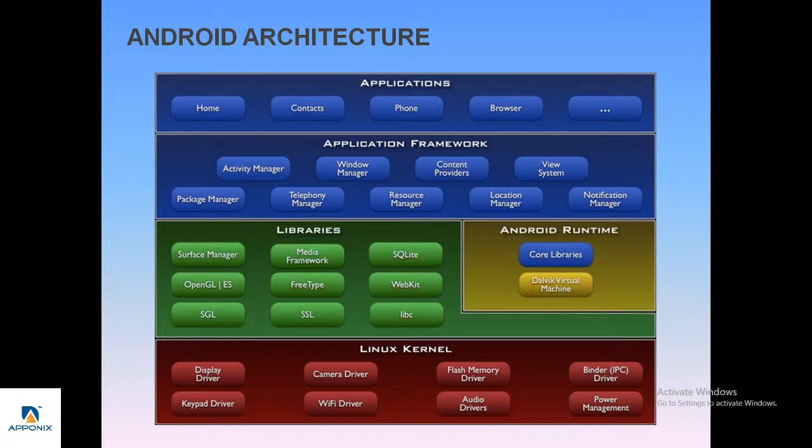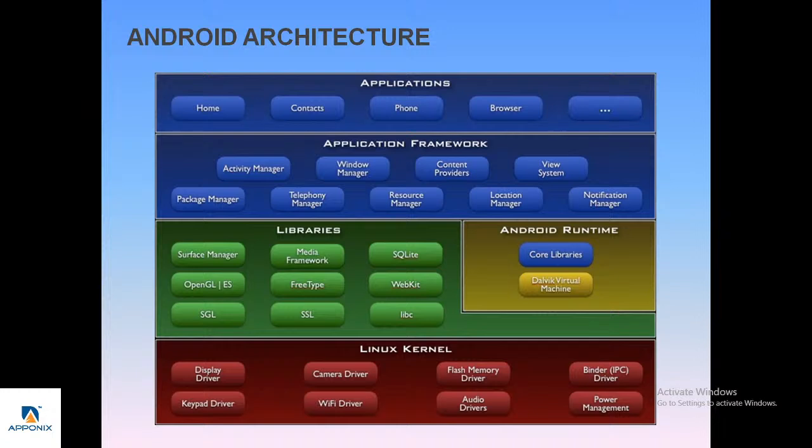This DVM is what we use to execute our Android code. Since the Android operating system is written in Java programming language, to execute it we need a virtual machine, that is DVM. So an important thing to remember: the second layer is written in C and C++ programming languages.